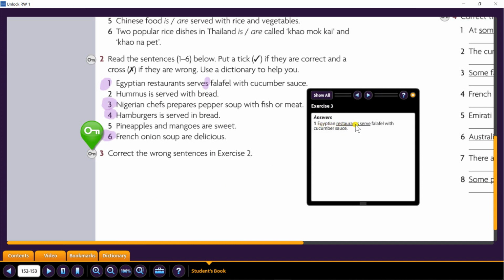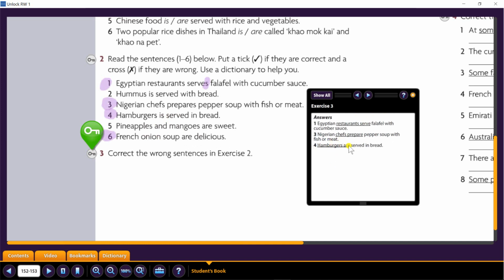Egyptian restaurants serve. So no S here, no double S's. Okay, number 3. Nigerian chefs prepares. Here we have S's, no double S's. So Nigerian chefs prepare. No S. Hamburgers is served in bread. Hamburgers are.